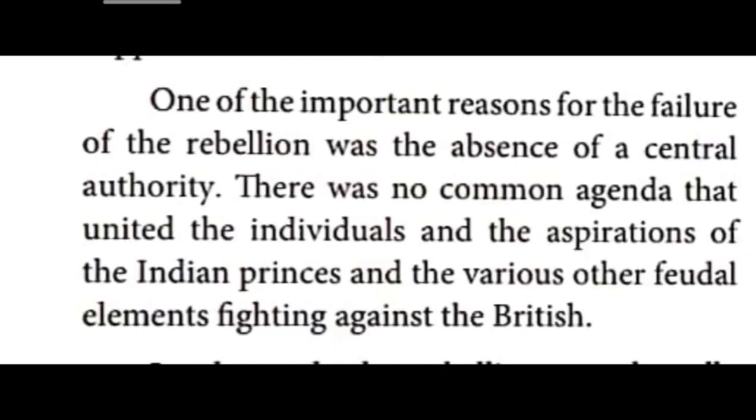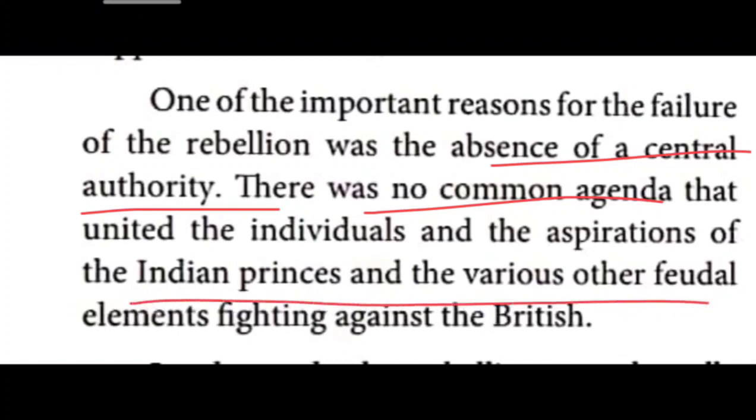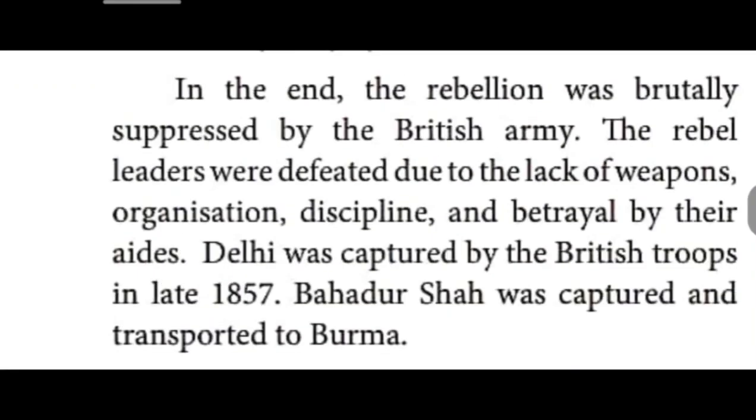Another important reason was the absence of central authority. The people of central India did not get involved in the rebellion. There was no common agenda. Moreover, the aspirations of the Indian princes and various other feudal elements were fighting against the British. These are the reasons.